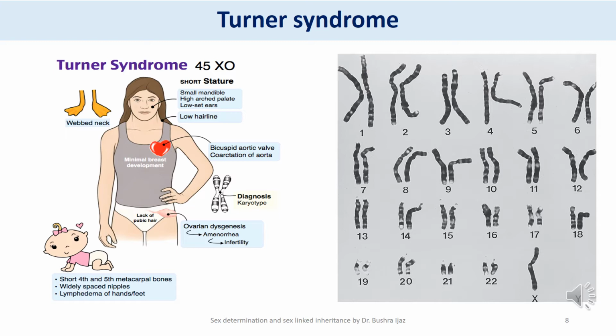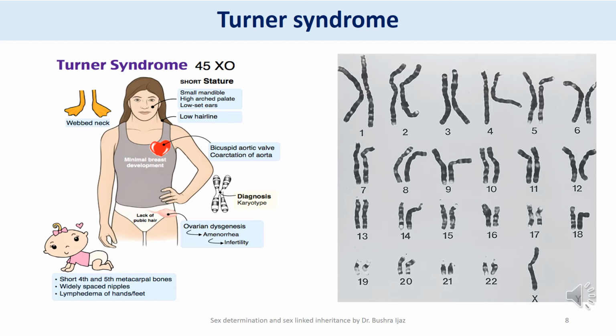In 1959, Charles Ford used a new technique to study human chromosomes, and he discovered that in the cells of a 14-year-old girl suffering from Turner syndrome, she had only a single copy of the X chromosome.